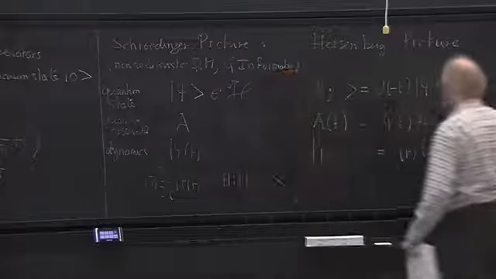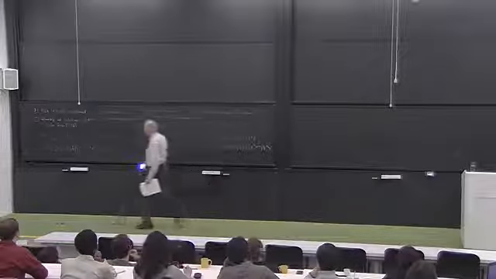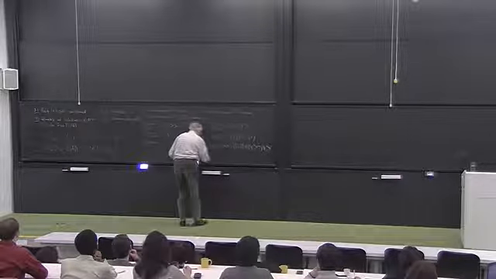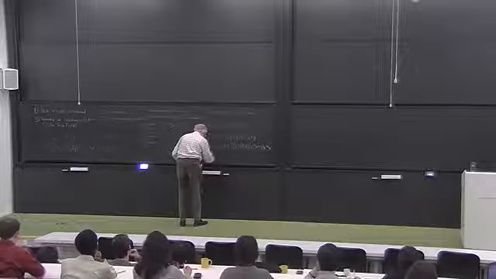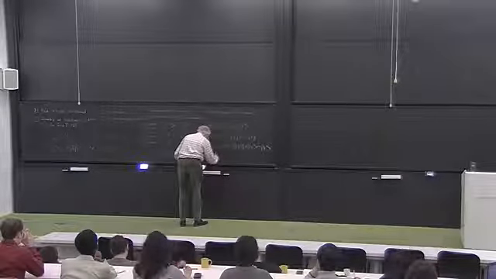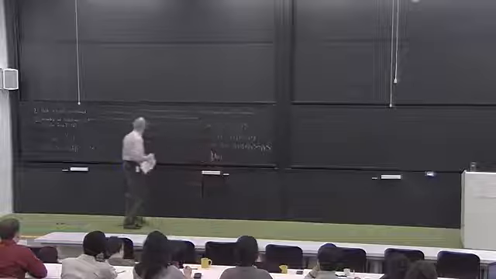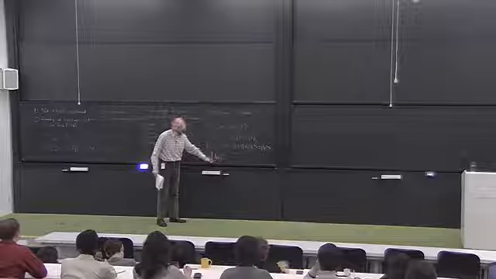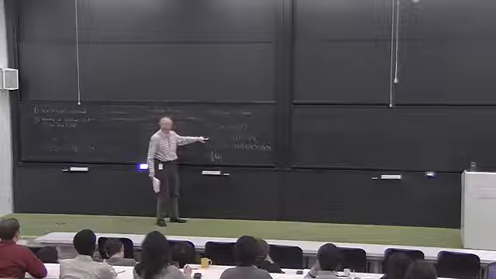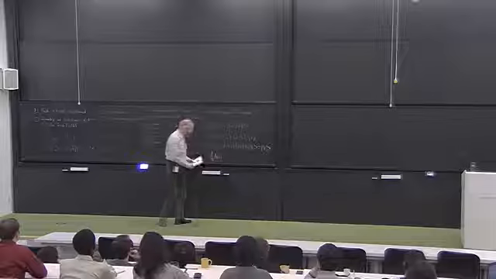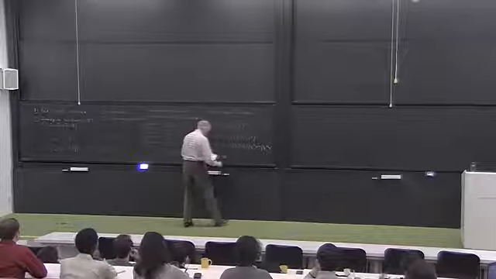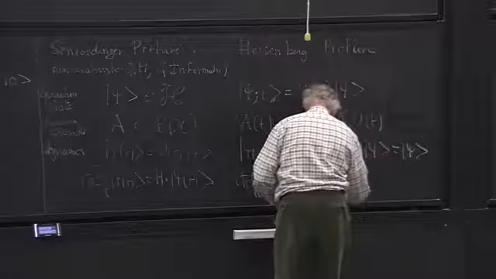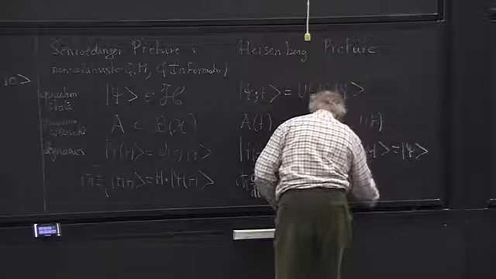Well, we know what the time derivative of U of t is, so it's very easy to see that the evolution for a given observable, if you start from an observable that is time independent, is described by an operator that is time dependent, but the evolution of this operator is simply minus the commutator of the Hamiltonian with A of t.